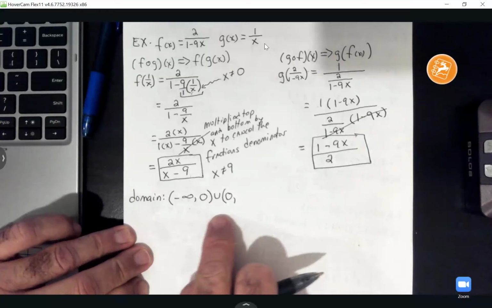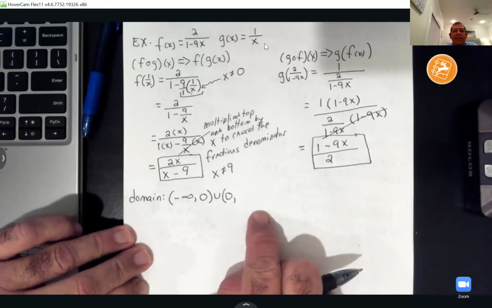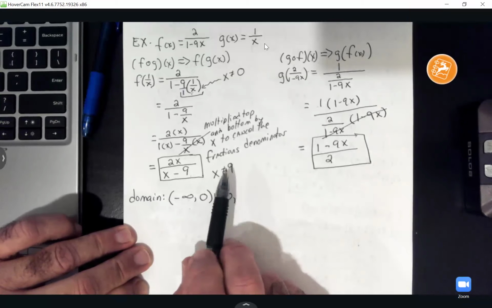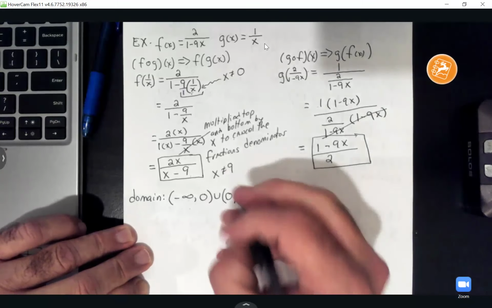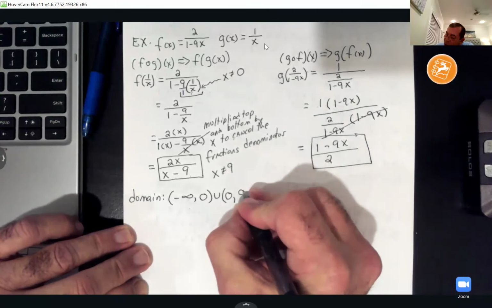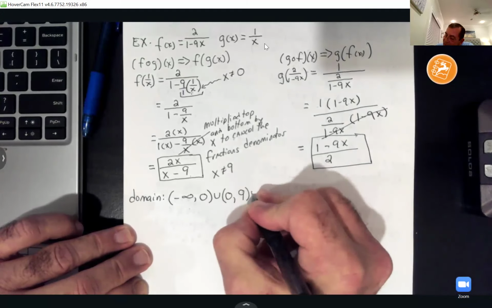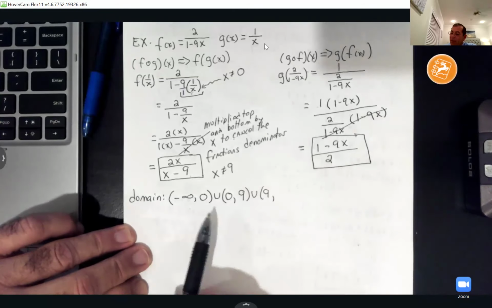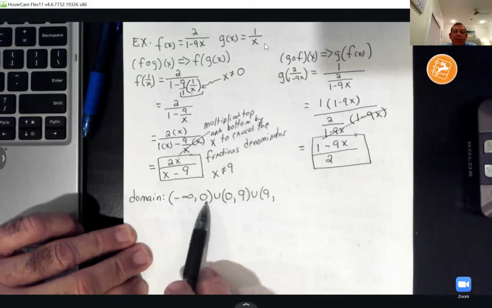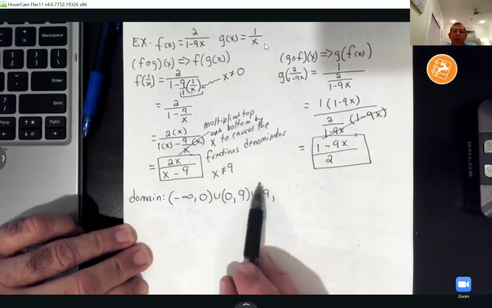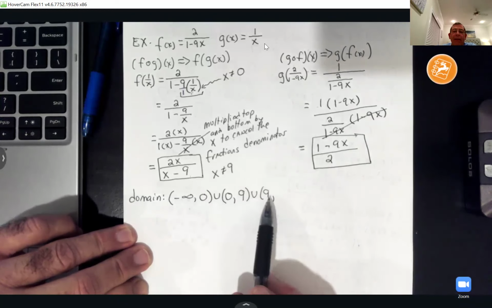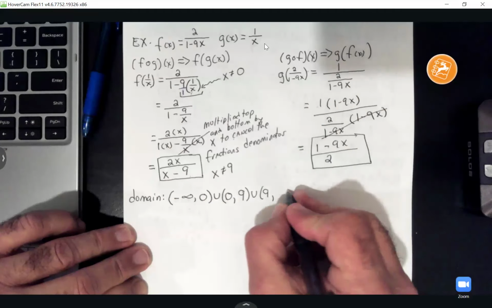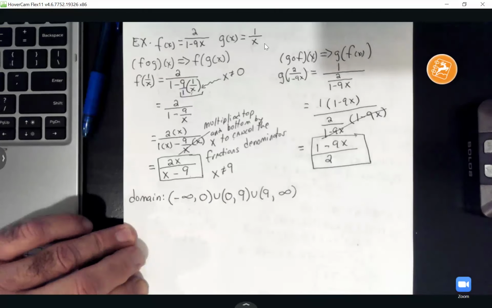Then we're still cruising along the x-axis until we hit that 9. We have to kick out that 9, so we union around our 9. Notice, one union kicks out the 0, the second union kicks out the 9, and from that 9, I'm headed off towards infinity. There you go.